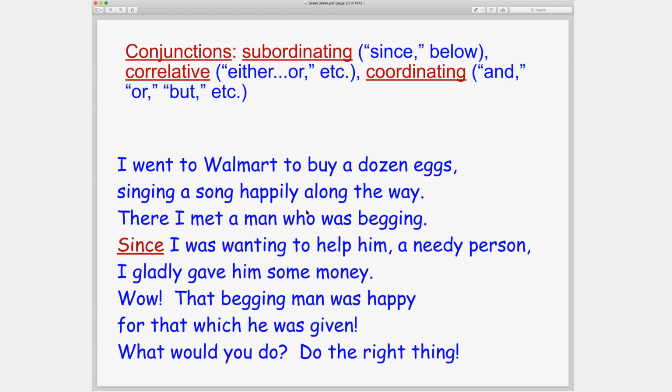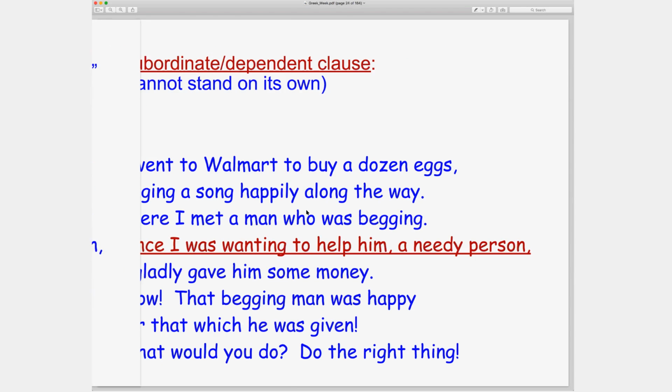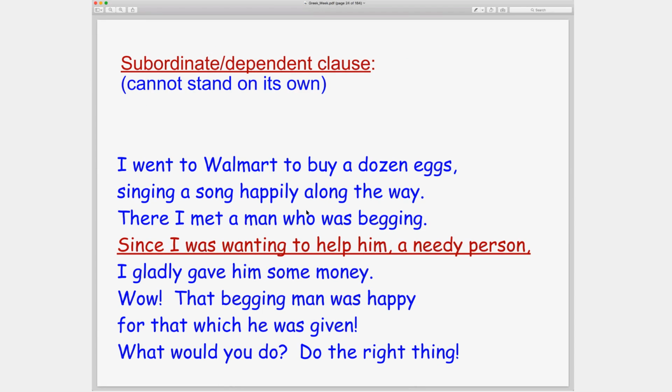Now correlative conjunctions would be like either, or, correlate one thing to another. Coordinating would be like and, or, but. I don't have any of those examples in my text. So a conjunction can introduce a dependent clause or subordinate clause.